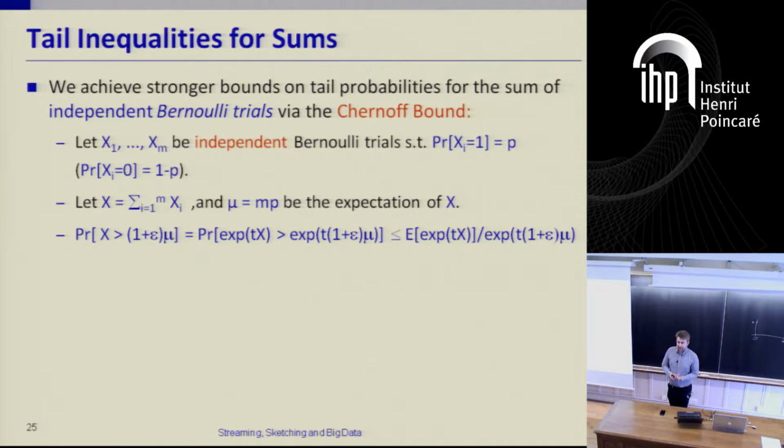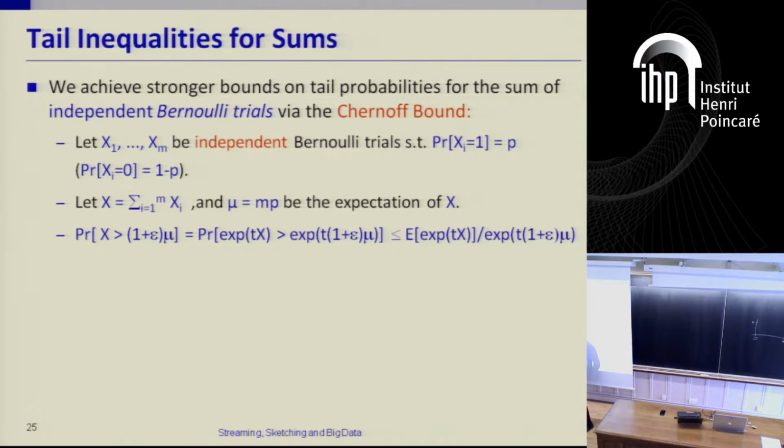There's no big surprise there. Before, we applied Markov's inequality directly, then we applied it to the square of a variable. Now we can apply it to some weird-looking function: the function e to the power t times its variable. Note that e to the power t times something preserves this inequality.